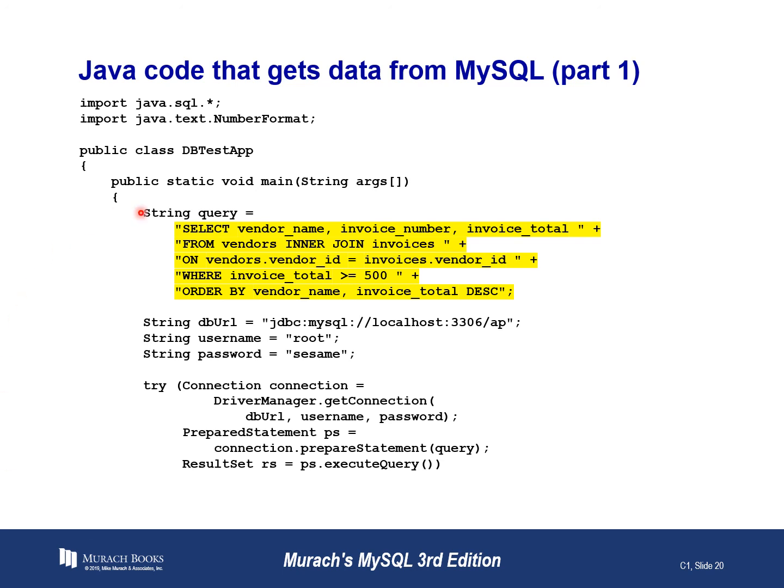So what's going on is here we are creating a query string and putting all our SQL command in it. And then we also create a DB URL string. This is going to help us create the connection between the database server and our application program. We also need to store the username and the password, etc. And then we try to create a connection object using the driver manager.